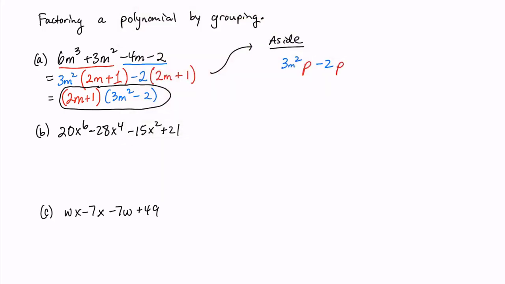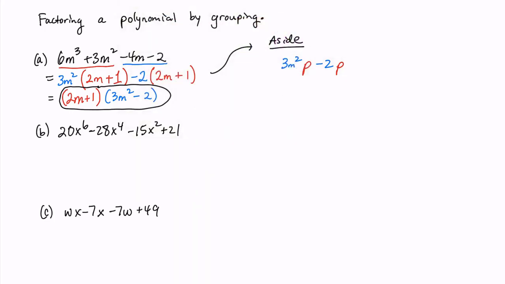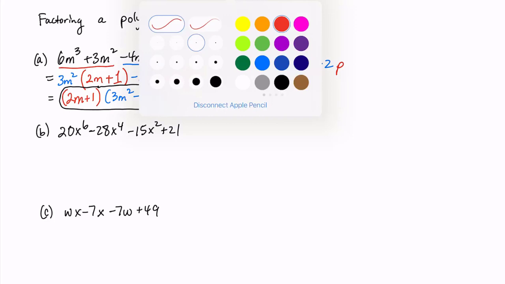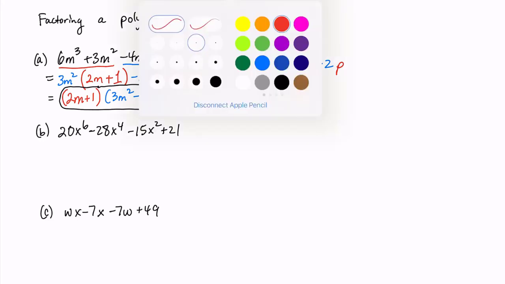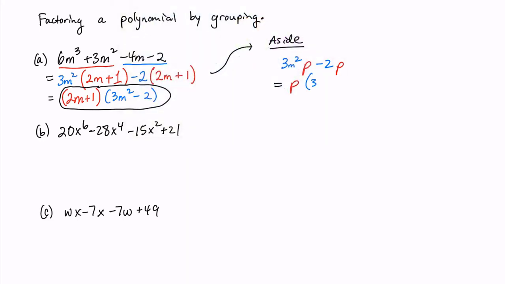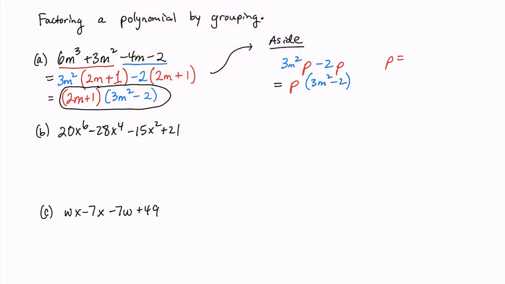What do these two terms have in common? They have a p. And then what's left? 3m squared minus 2. Once again, you're still using the distributive property. But what do you think p was? P was just a name. P was the name for the parentheses 2m plus 1.